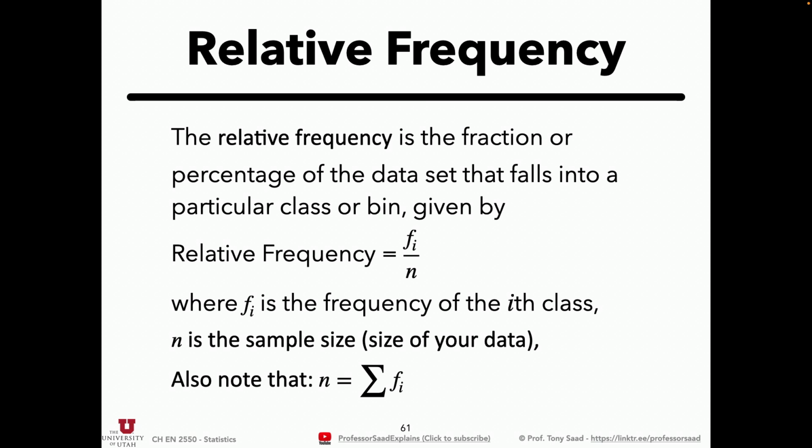It simply takes the count for a certain bin and divides it by the total number of counts. So you get a percentage, a fraction out of all of your data. Mathematically, this is the count for bin i, the ith bin. So first bin, what's the count? That's F1 divided by n. N is the total number of observations, or the full count that you have.